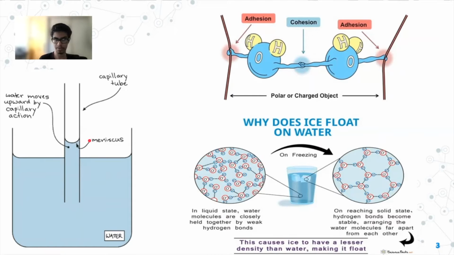Adhesion could be, for example, if a plant is taking up water, the water is moving up and sticking to the root surfaces. And then cohesion, as water is going up the roots, is also binding to other water molecules. So the combined action of cohesion and adhesion results in capillary action. And that allows water to move up to the plant's roots, which is, of course, essential for their growth.